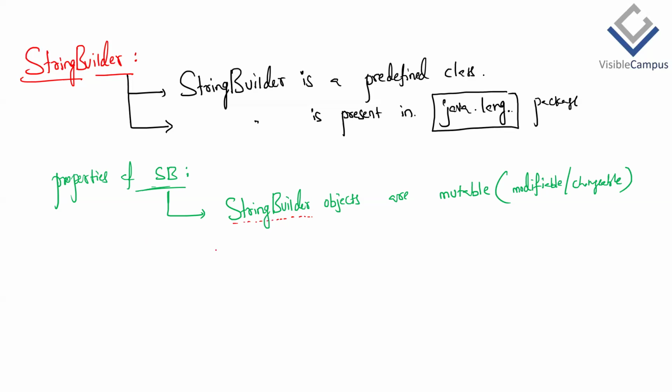Then, the declarations, and there are some other properties that we'll discuss in the next slide. Here, the syntax to declare a StringBuilder object is like normally we create an object by using the class name StringBuilder, then the object name, say sb, equals new class name called StringBuilder.